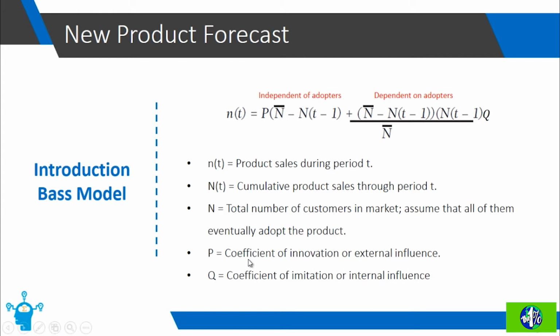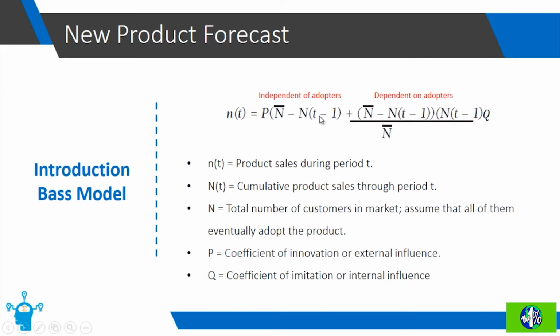If you look at this equation, there are two components in it. The first component, which is N bar minus N of t minus 1 period. This is basically telling us the number of people who have not yet adopted the product.